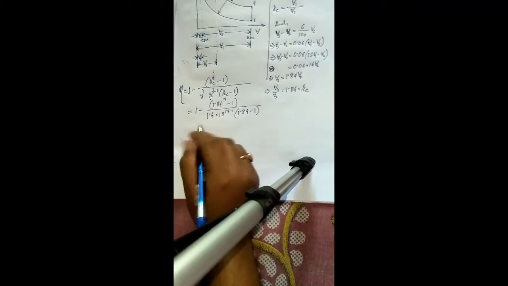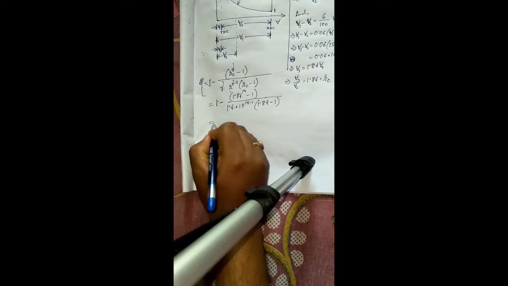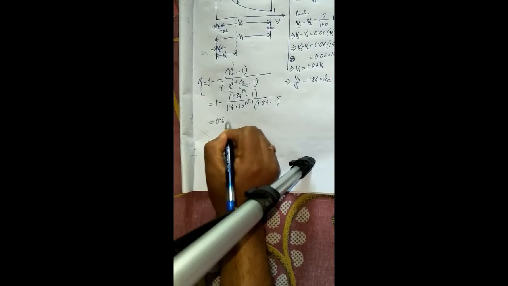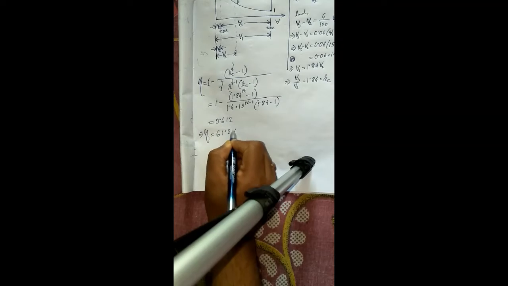The efficiency value comes to 0.612, that means eta equals 61.2%. This is the answer.